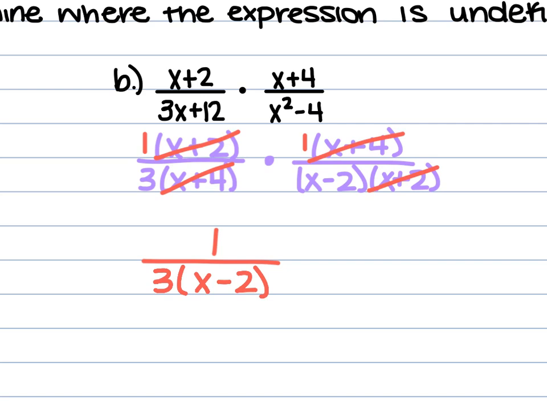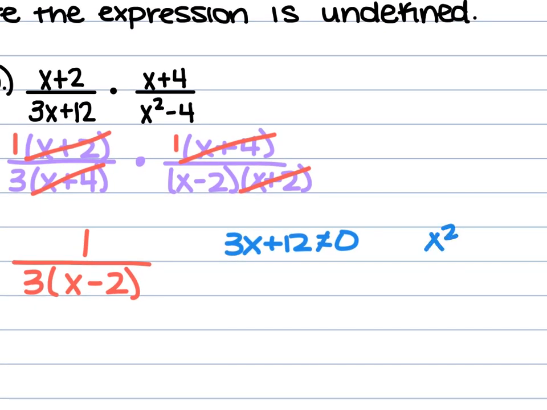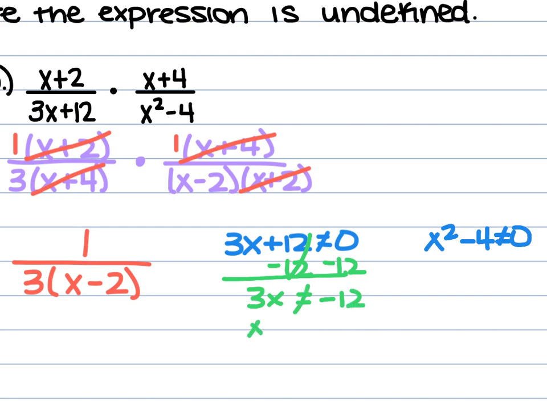Once again, I'm forgetting to figure out what x cannot equal. So we are going to take every part of our denominator and set it not equal to 0. So we have 3x plus 12 cannot equal 0, as well as x squared minus 4 cannot equal 0. With 3x plus 12 not equal to 0, we're going to subtract 12 from each side, then divide by 3, and x cannot equal negative 4.